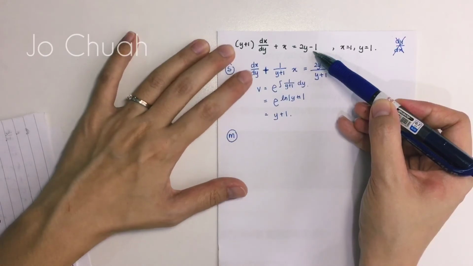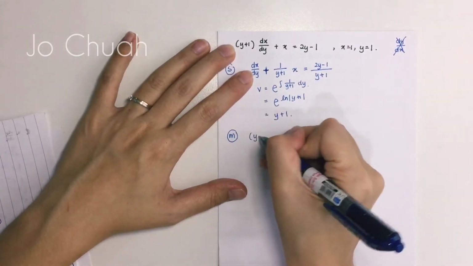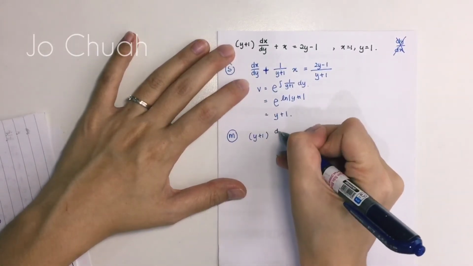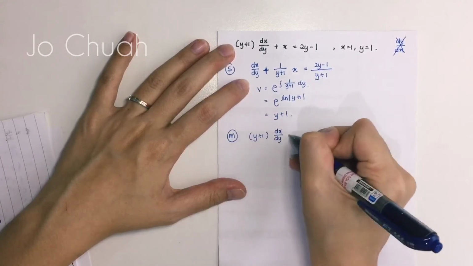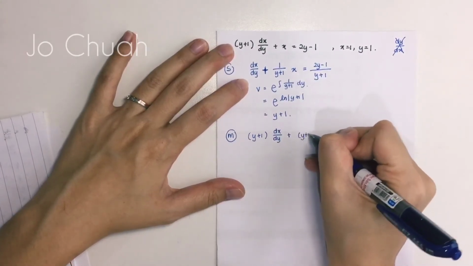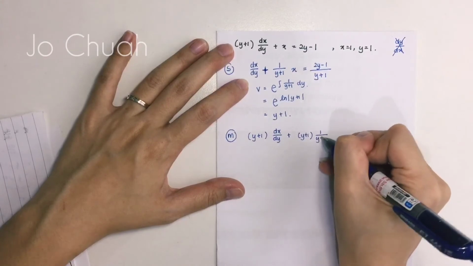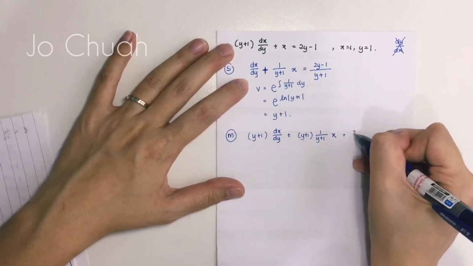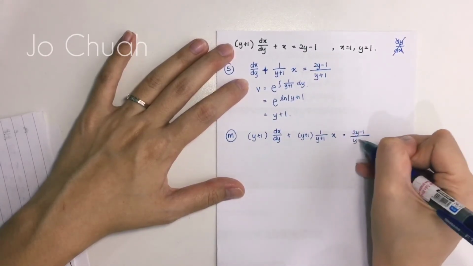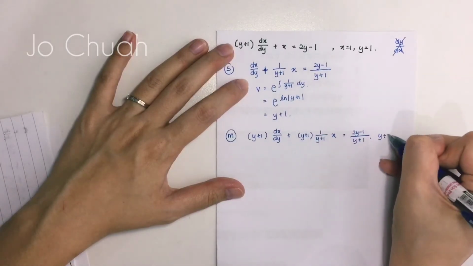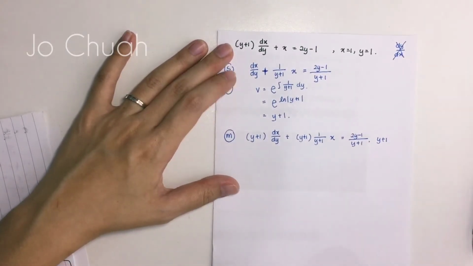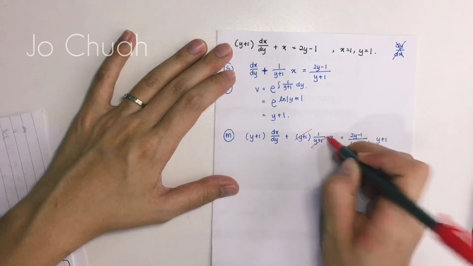So I'm going to multiply here. Put a bracket for them: y plus 1 dx over dy plus y plus 1 times 1 over y plus 1 times x equals 2y minus 1 over y plus 1 multiplied with y plus 1. Okay, so you can simplify this.